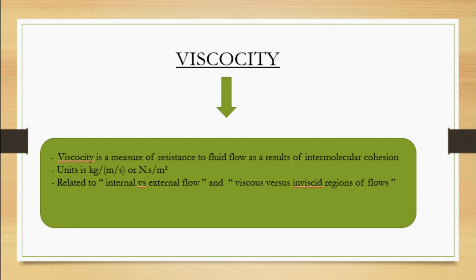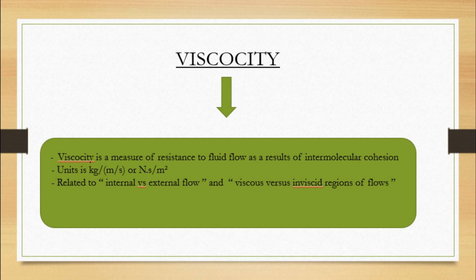Viscosity is a measure of resistance to fluid flow as a result of intermolecular cohesion. In other words, viscosity can be seen as internal friction to fluid motion, which can then lead to energy loss. Fluids with a high viscosity, such as syrup, deform more slowly than fluids with a low viscosity, such as water.